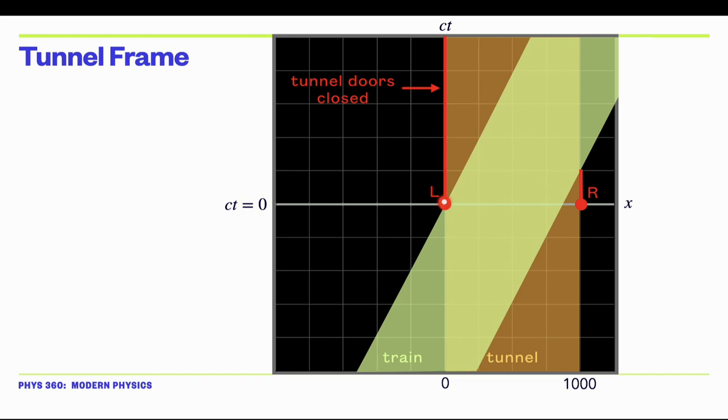I've also drawn in this vertical red line, showing that this left-hand door could remain closed. The right-hand door has to open up at some point to let the train out. So after roughly ct of 250 meters, the right-hand door is going to have to open up to let the train out.